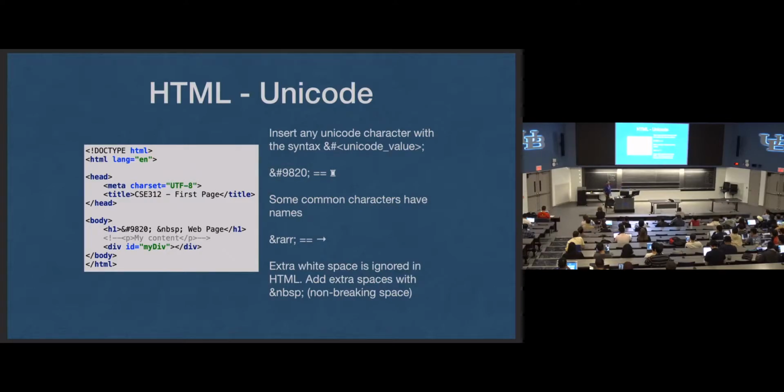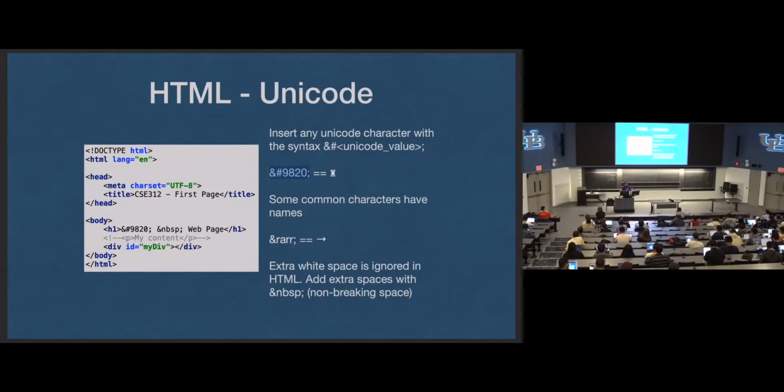And we can escape characters in HTML. This will be important when we talk about security, which I think comes up next week or this Friday. I forget exactly where that lecture landed. We can escape characters. So if we want to specify a character, we can specify its Unicode value, like this.